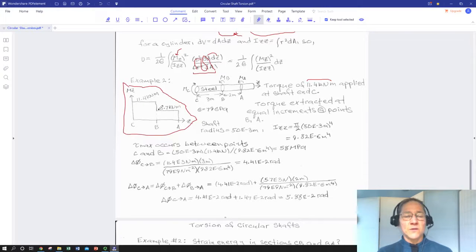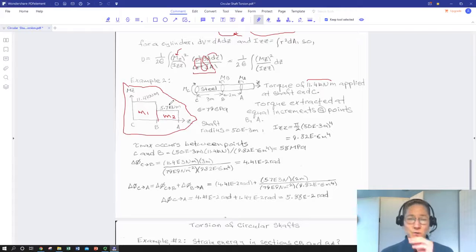We've got an area C to B where we have moment 1, and B to A where we have moment 2. The shear modulus hasn't changed, shaft diameter hasn't changed, so that means the moment of inertia hasn't changed. So the only thing that's changing is our applied moment, and it's constant over those portions.